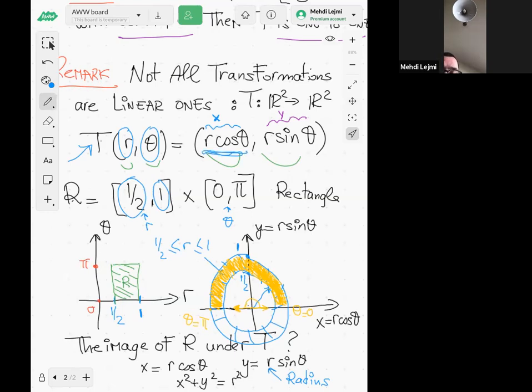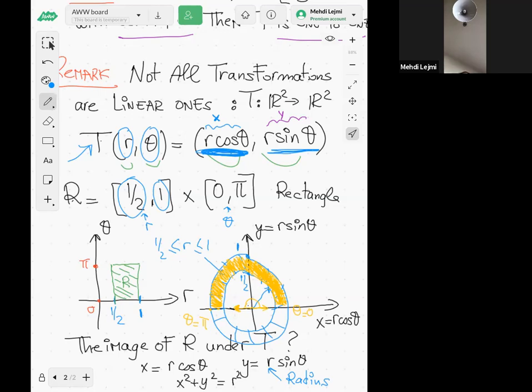The first component, r cosine of theta, we call x. And the second new coordinate, r sine of theta, is your new coordinate y, right? So we are going from r, theta to x, which is r cosine of theta, and y, which is r sine of theta. So we are transforming coordinates here. Anyway, the big question now is what happens to the integrals when we transform the coordinates?